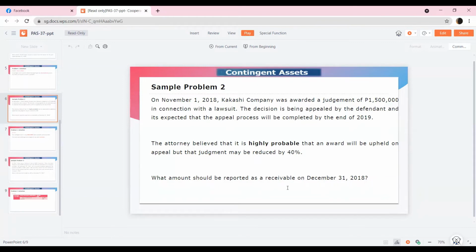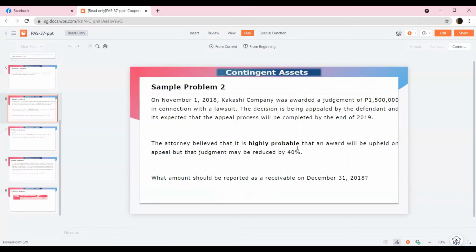Yung receivable, di ba, asset na ito. Ibig sabihin, dapat probable na meron kang makukuha or economic benefits and measured reliably. Sabi dito, the attorney believed that it is highly probable that an award will be upheld on the appeal, but that judgment may be reduced by 40%.